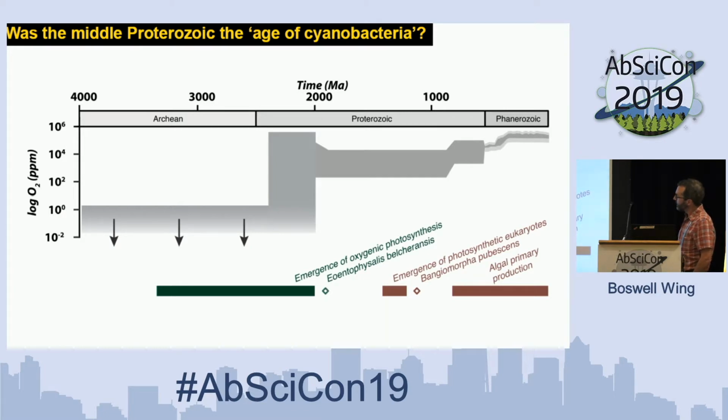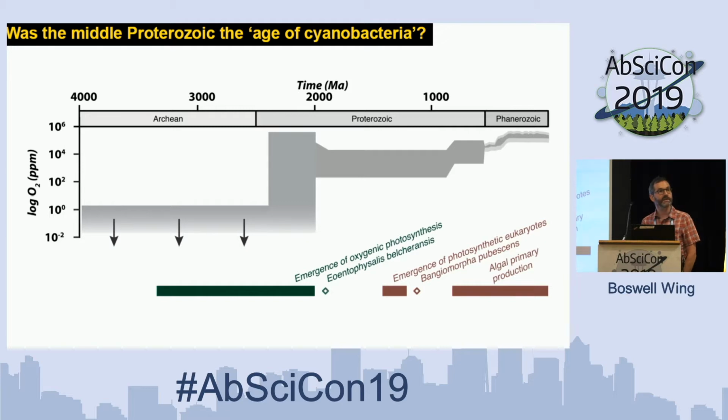And then on this side of the diagram, some information from molecular clocks, from microfossil evidence, and from biomarker evidence for global primary biospheric production dominated by algae. And what we're asking is, in this mid-Proterozoic interval, was it really an age of cyanobacteria?